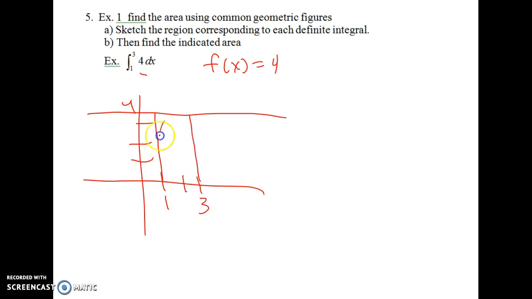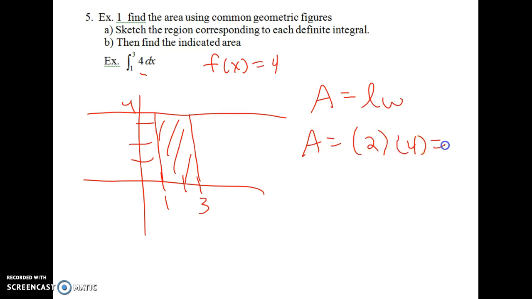So I want to find this shaded region here. You can see when I make the region, it's just a rectangle, and the area of a rectangle is length times width. And in this particular problem, the length is 2 and the width is 4. So the area under this curve would be 8. Another way to say it: from 1 to 3, the integral of 4 dx is 8.